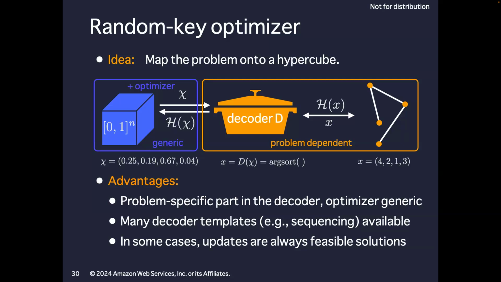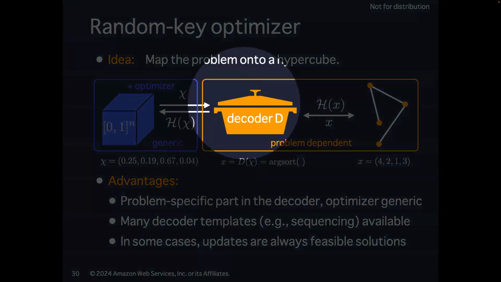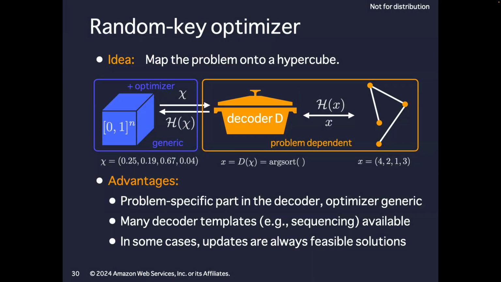What is the advantage? The stuff on the left-hand side stays the same. The brain cycles you need to do are exactly here in this decoder. And there's already many decoder examples that researchers have worked out. So you don't have to do much of the work. ArcSort is, for example, for a TSP type problem.